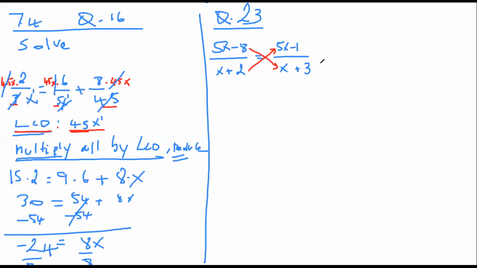Or if you want, you can find the LCD for these 2, then multiply both by the LCD, but it's easier to cross multiply. So we're going to take this, 5x minus 8, and multiply that by x plus 3. And x plus 2 times 5x minus 1.